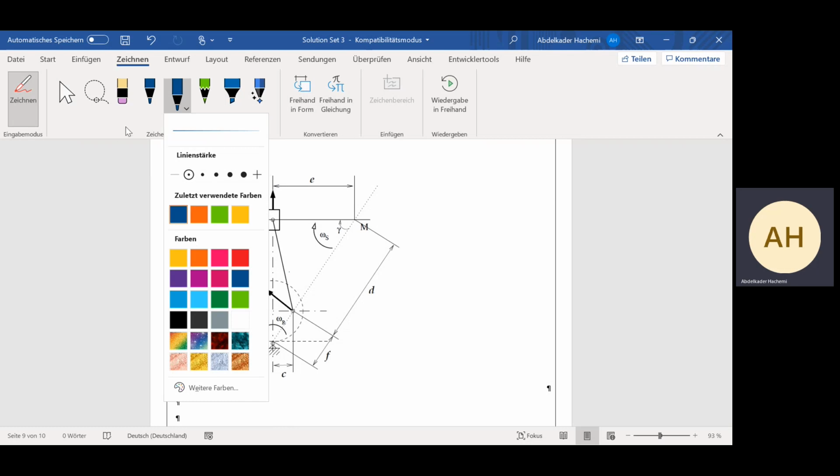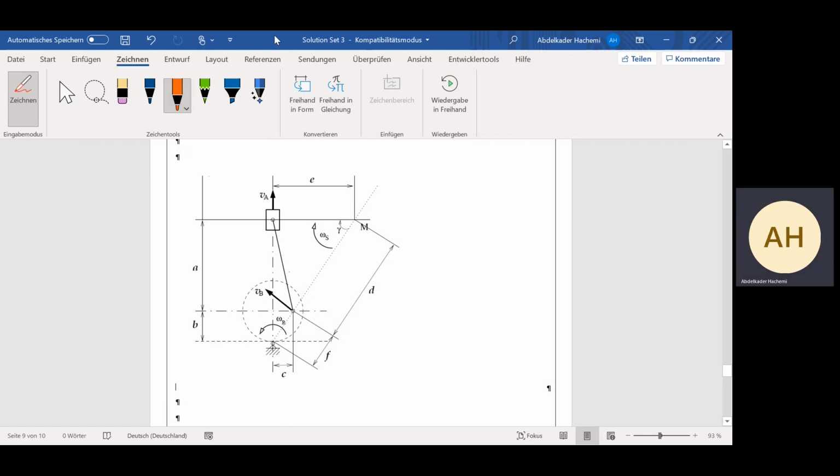Here we have VR, which is given. Then we can draw a line perpendicular to the velocity VR, and we need to determine the second velocity, that is, the direction of this velocity.